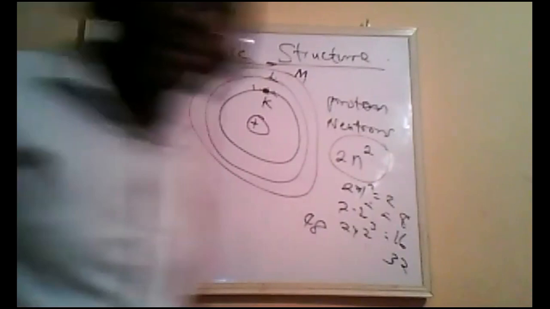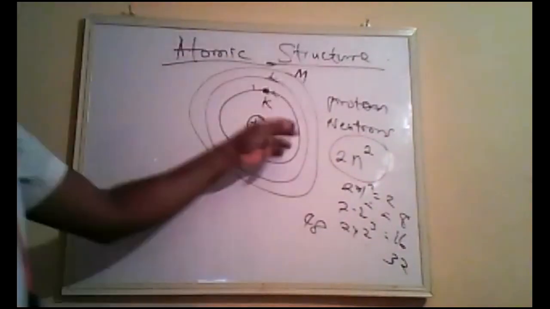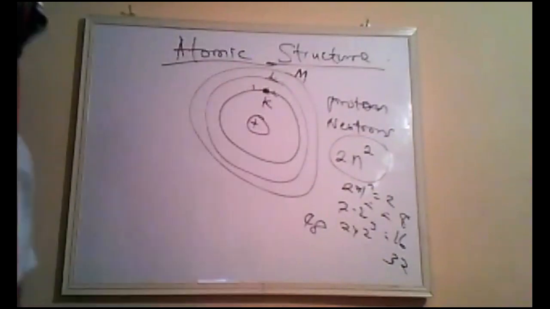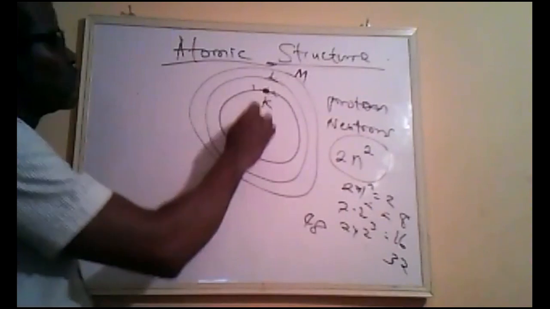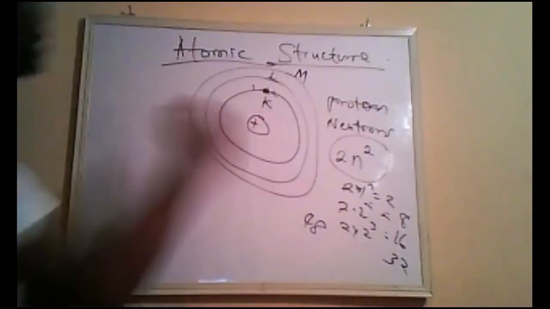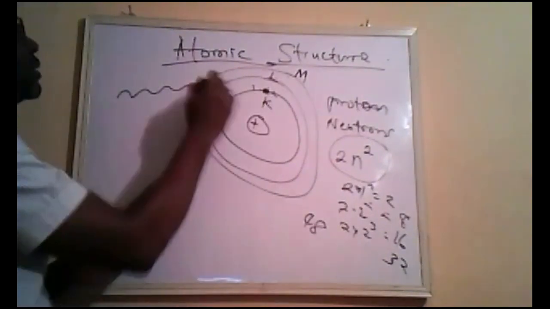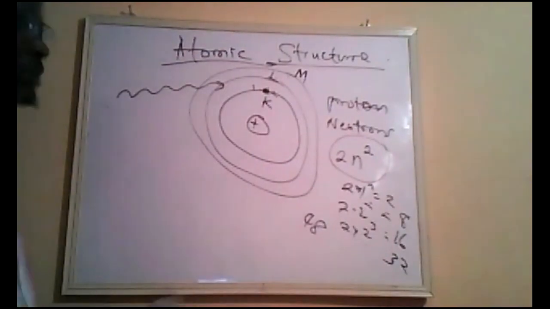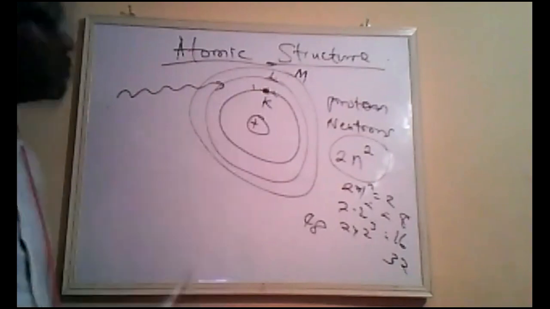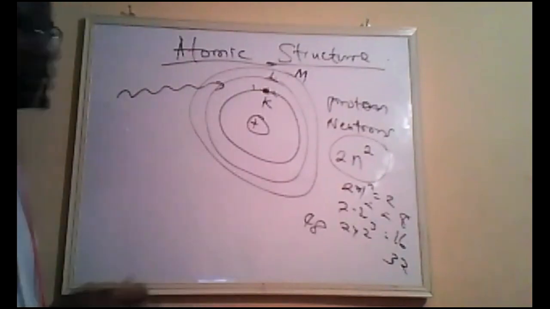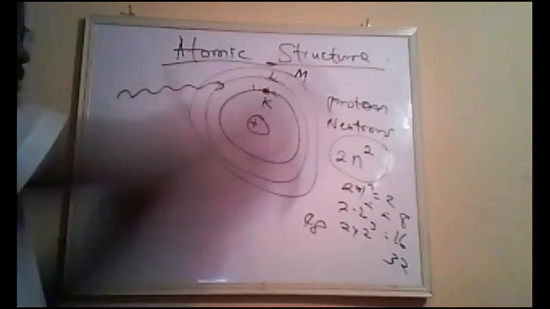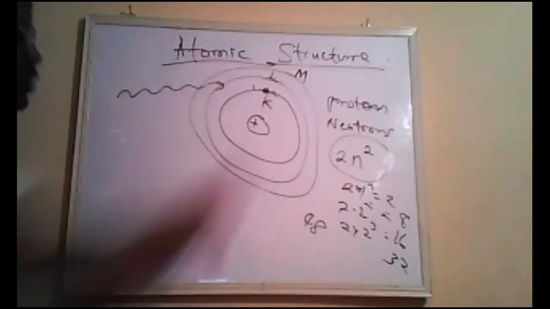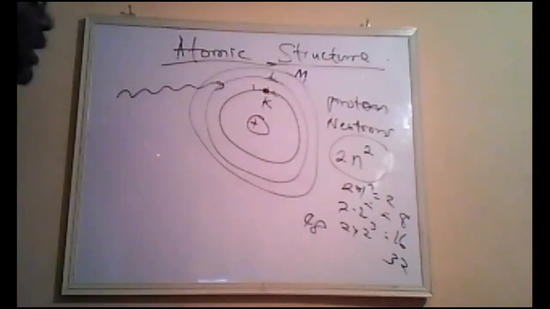So much as we have electronic binding energy, we also have a nuclear binding energy. Once we have a photon moving in a tissue, of course, tissue composed of so many of these particles and subatomic particles, the particle being the atom, and the subatomic particles being the electron, proton, and neutron.